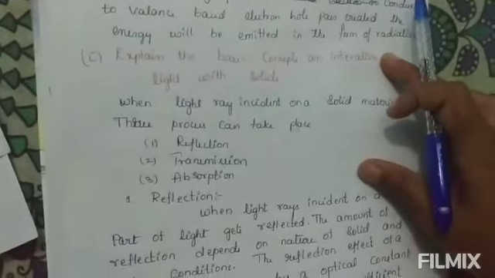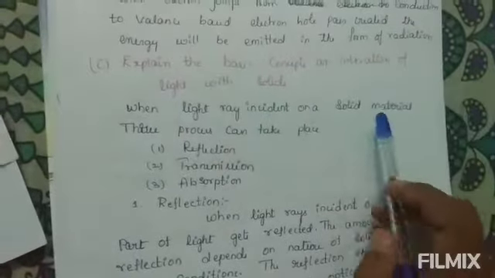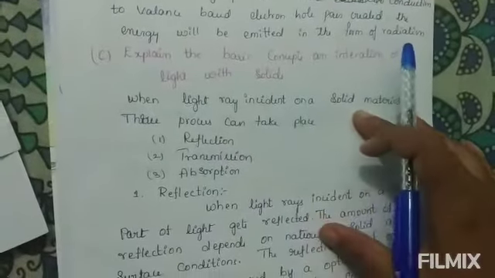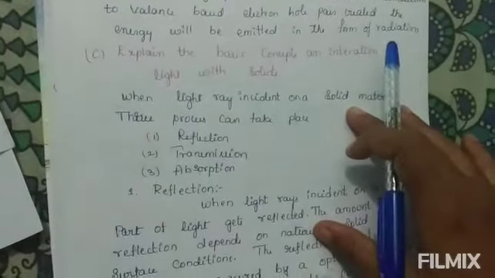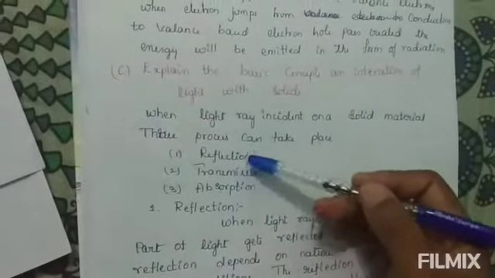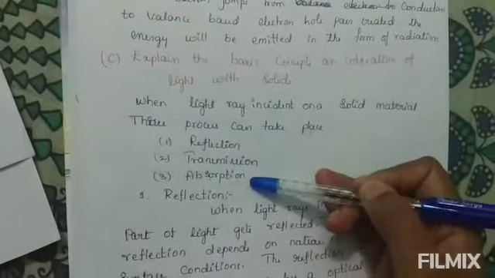When a light ray is incident on any solid material, many processes take place. It may be reflection, transmission, absorption or refraction. Mainly we take 3 processes: reflection, transmission and absorption.